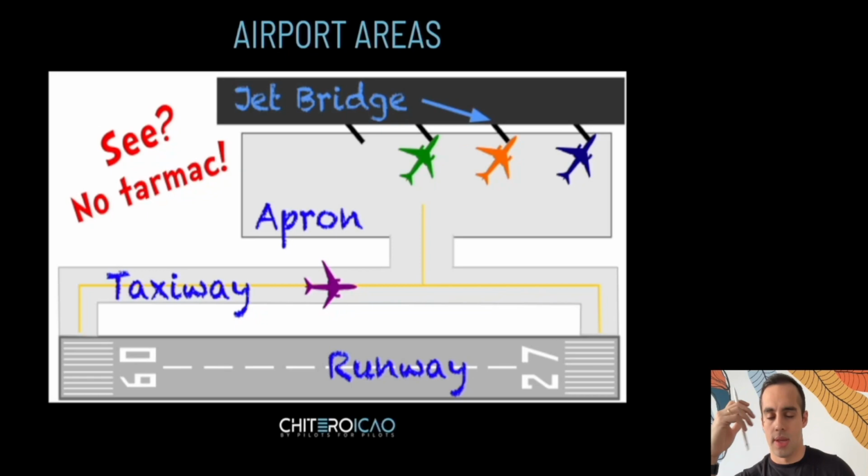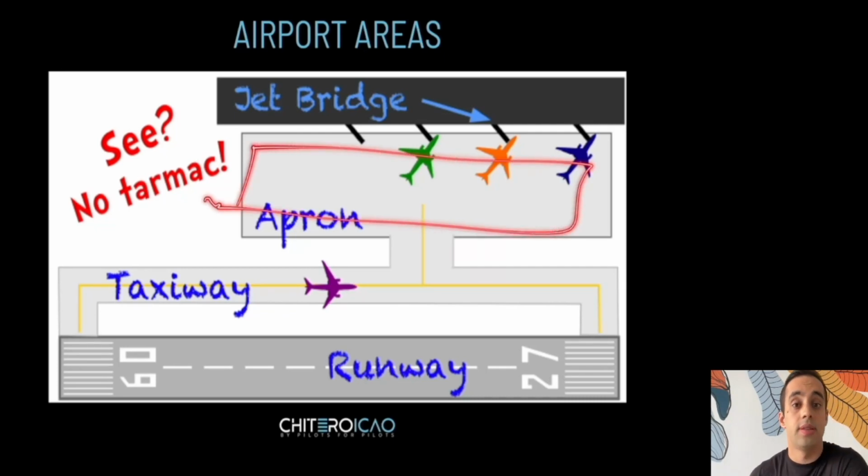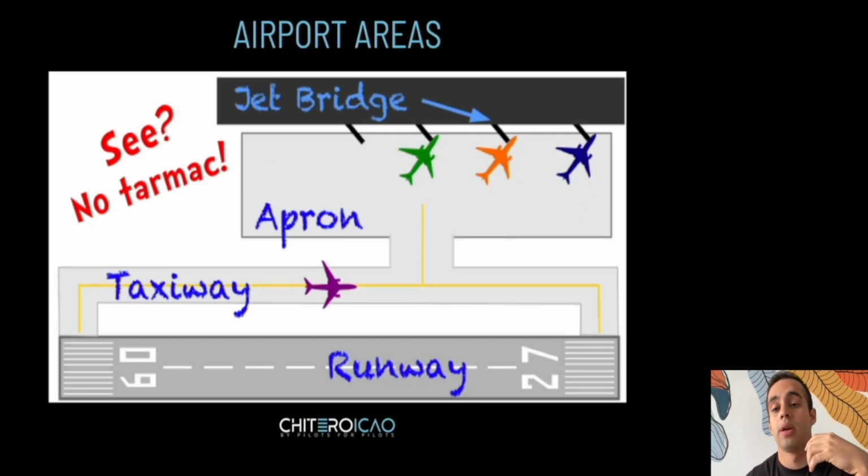Now, why don't we have tarmac? I know most of you have heard the word tarmac. "I'm here in the tarmac." We don't use that anymore, all right? Because tarmac is not the name of the area. This is an apron. This is the ramp. This is the parking position, whatever you want to call it.